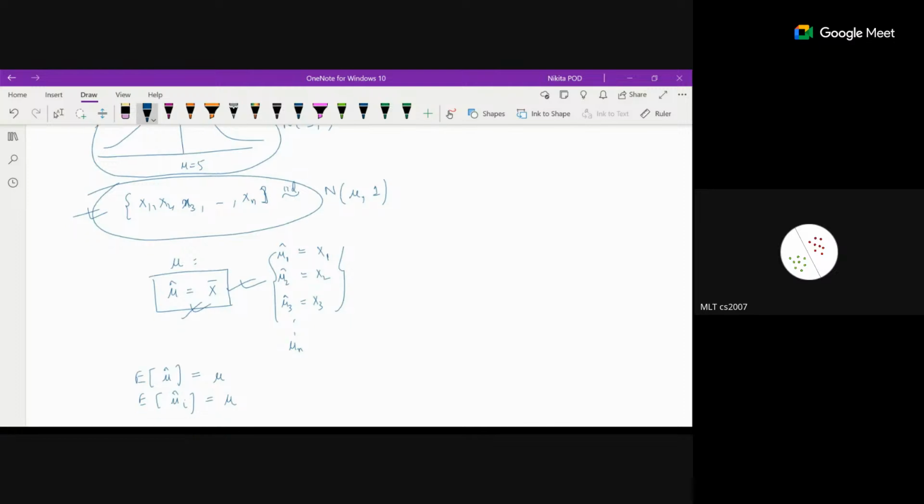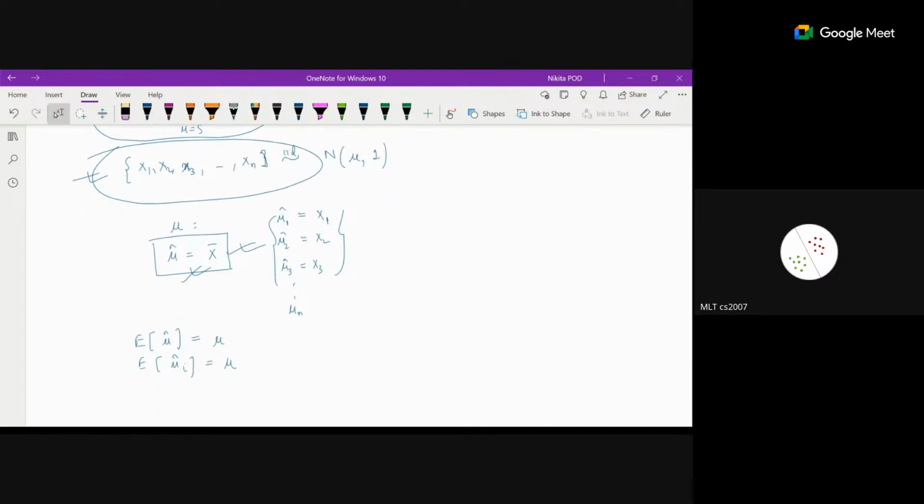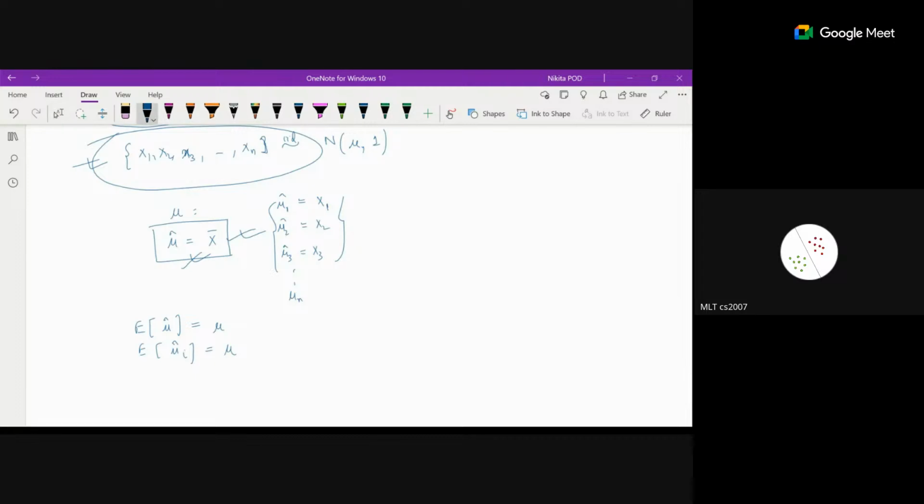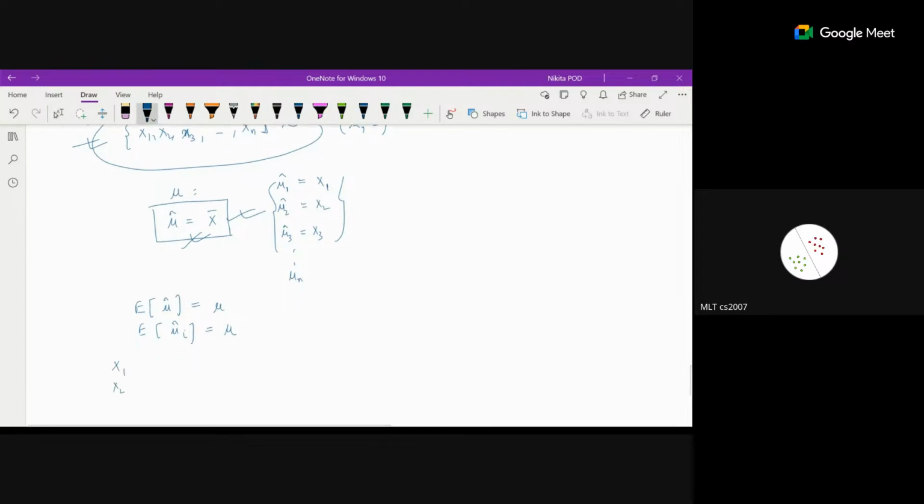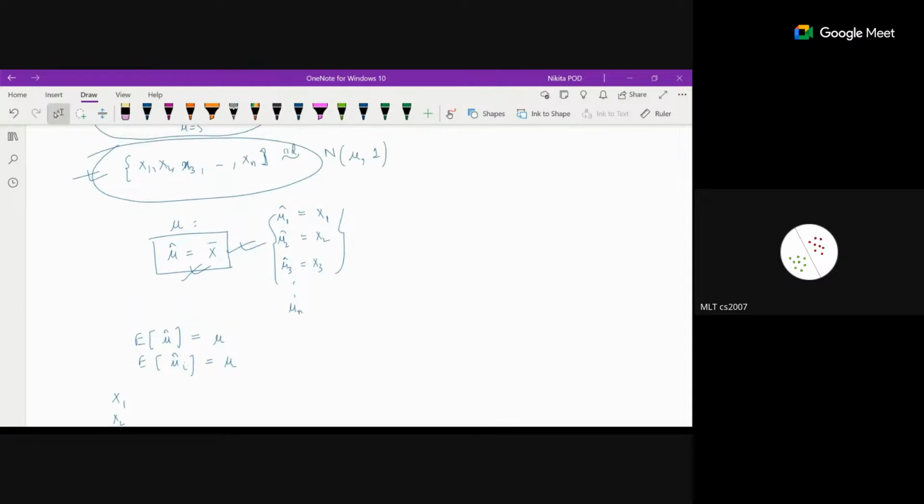So what will happen is, if you define your estimators as x1, x2, x3, and so on, then if I'm saying my estimator is x1, it means that in the sample you have observed, you will take the first variable as the estimator.